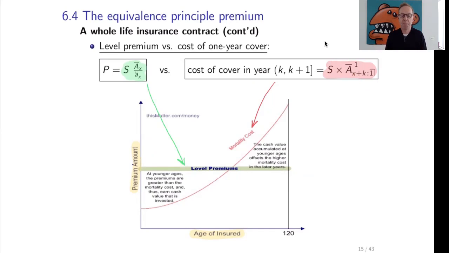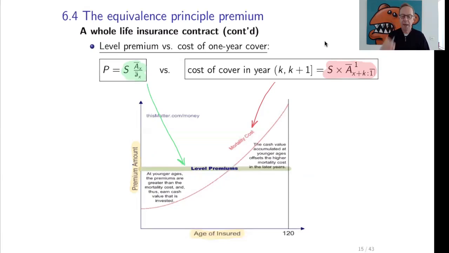So in both cases, we are paying level premiums or yearly changing premiums, and we are sure that at the moment that we die, there will be a payment of S. If you look at this graph, we have the age of the insured on the x-axis, and the premium amount to be paid on the y-axis. If we go for lifelong level premiums, then the premiums are constant.